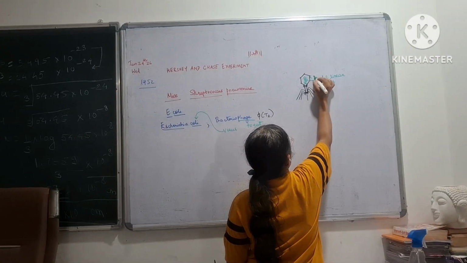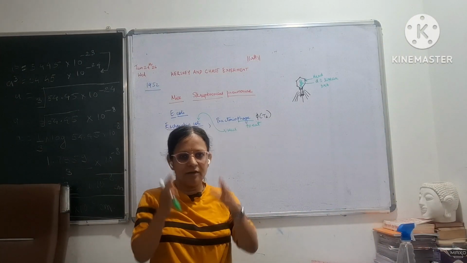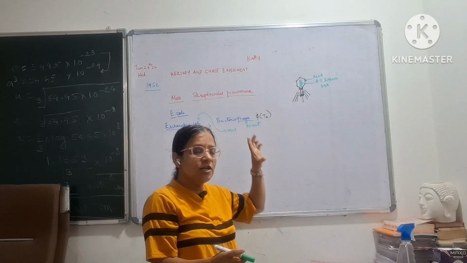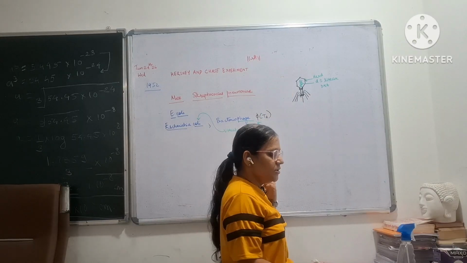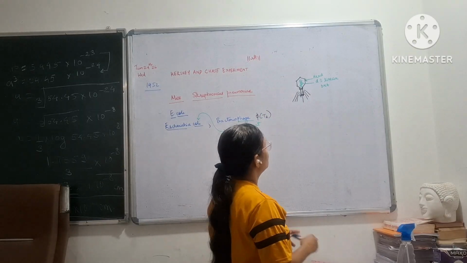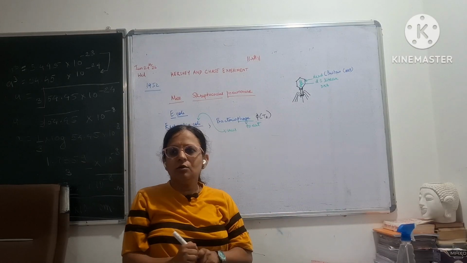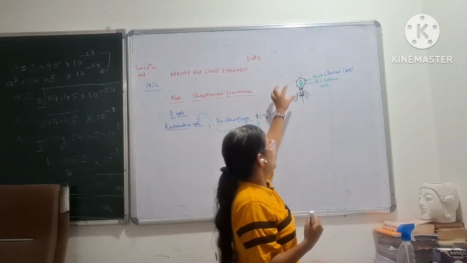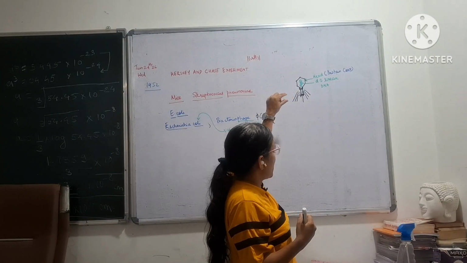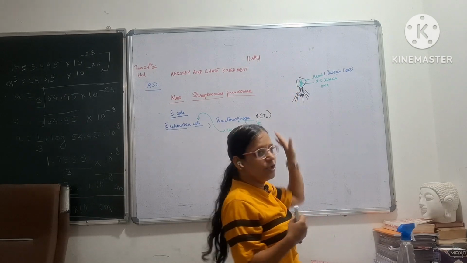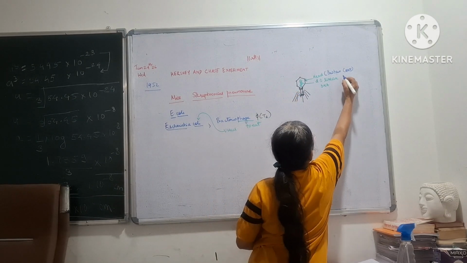This is the head of bacteriophage. Like how we have different parts of the body, similarly the virus is having a head. This head is often referred to as protein coat. Coat meaning what? Coat meaning protection, a covering. The genetic material of the virus is protected by a protein coat. It's also known as capsid.